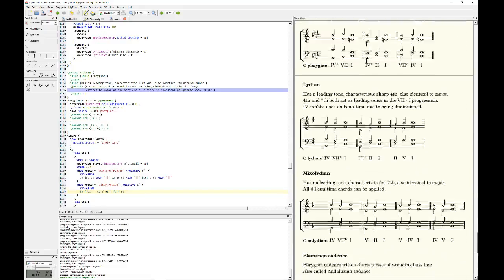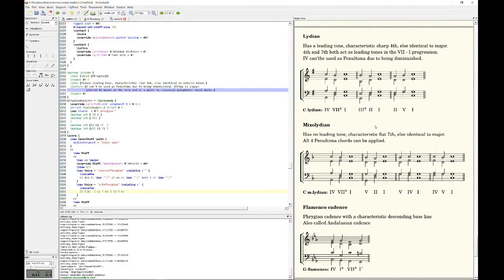Alright, next should be Lydian cadences. In the Lydian mode, the 4th step is diminished. So the 4th step of C Lydian would be F sharp, A and C, and that's a diminished chord and we can't use that. So we can only use 7, 2 and 5.